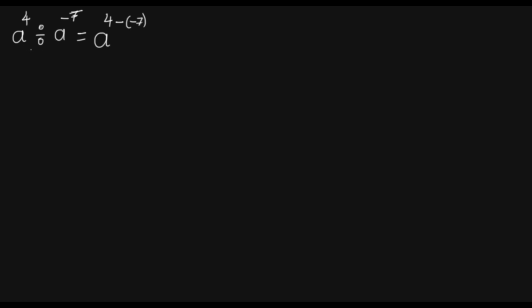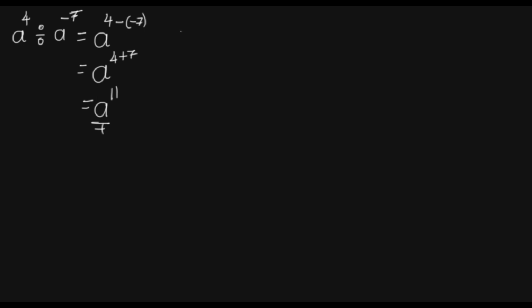We say that whenever we see a division sign, we subtract the power. So a negative times negative, we get 4 plus 7, which is the same as a raised to the power 11.